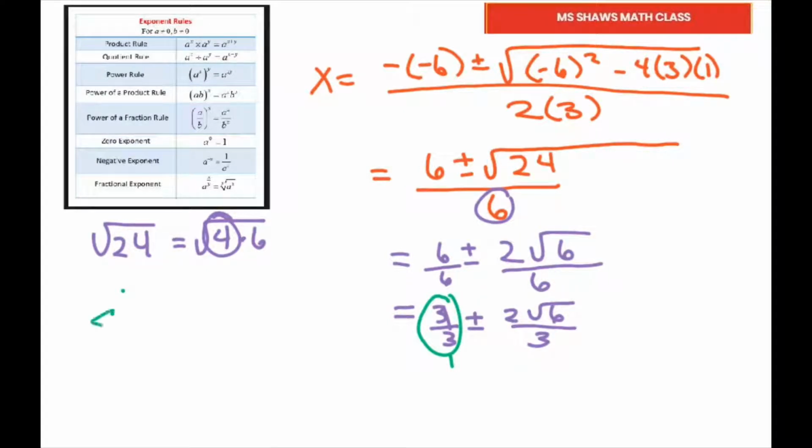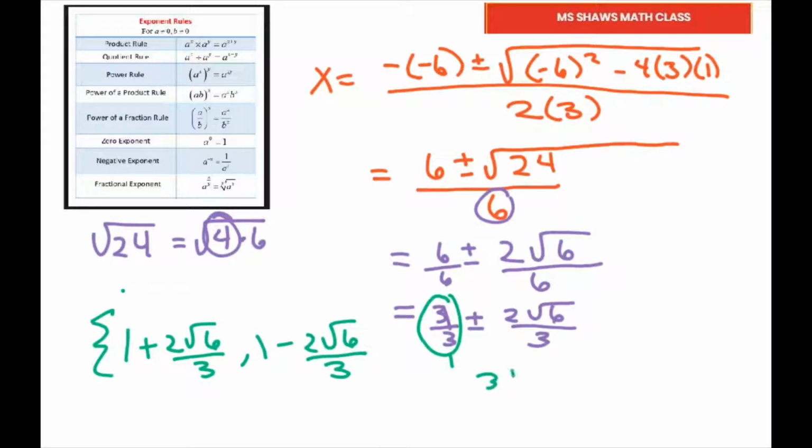So basically you have 1 plus 2 square root of 6 divided by 3, and 1 minus 2 square root of 6 divided by 3. Or you could just write it as 3 plus or minus 2 square root of 6 divided by 3. Either way is fine.